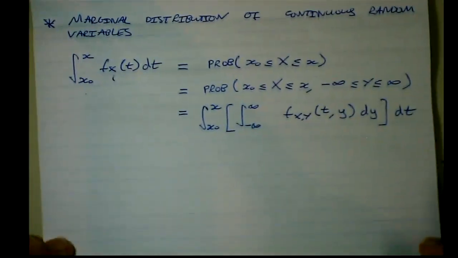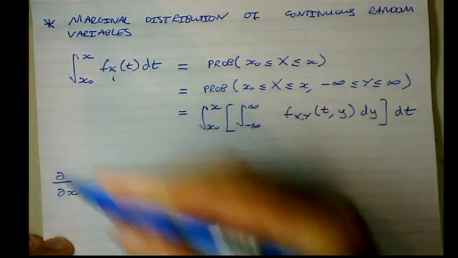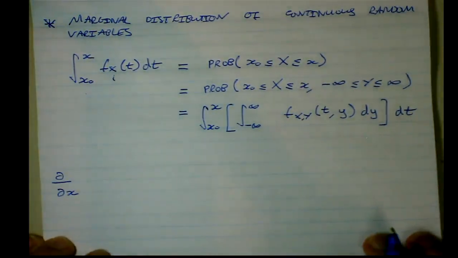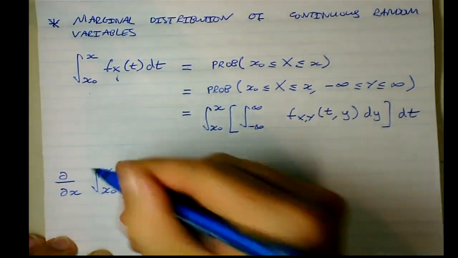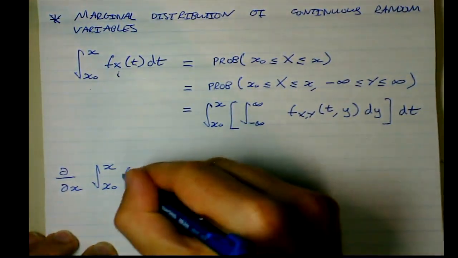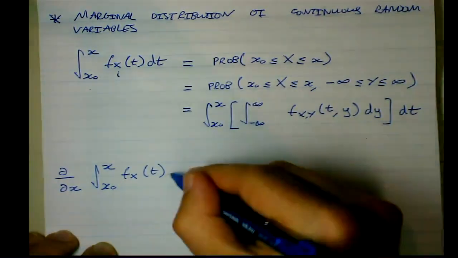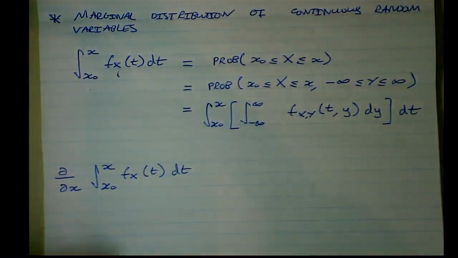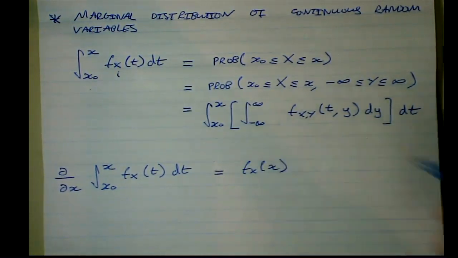Right, so we're going to have d by dx of the integral between x0 and x of fX of t dt. Well, what is that? By the second fundamental theorem of calculus, that is fX of x.